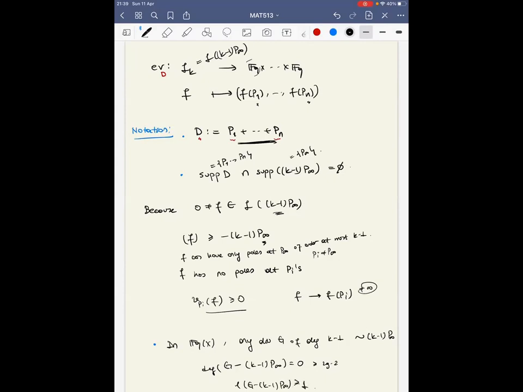In this case, this divisor is indeed principal.